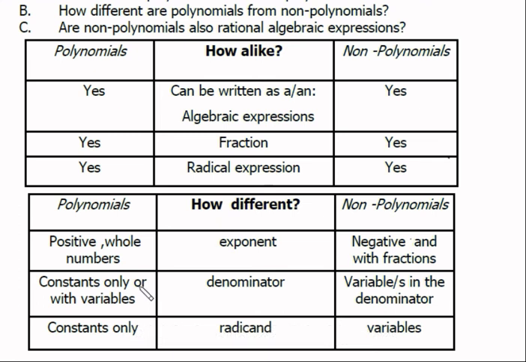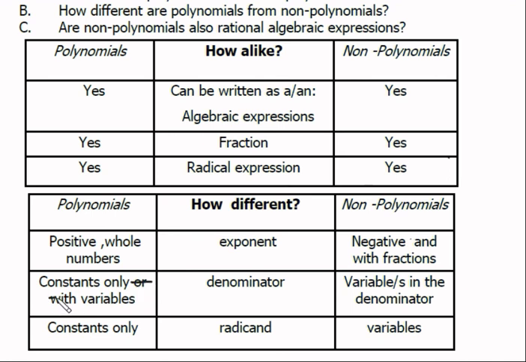Wait a minute because we have some corrections here. Let's go back to your module on page 2 in this slide. So please refer to this on the topic, how different are the polynomials and non-polynomials. Under the denominator, for the polynomials, it should be the case that it will only contain constants, not variables.